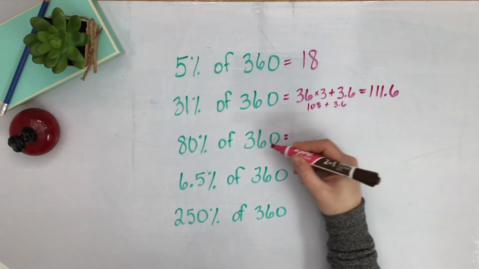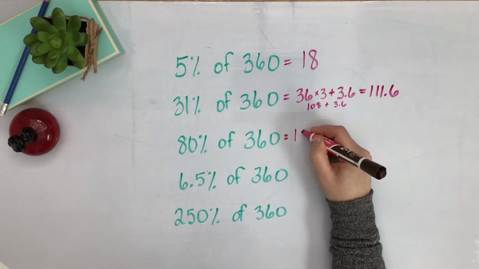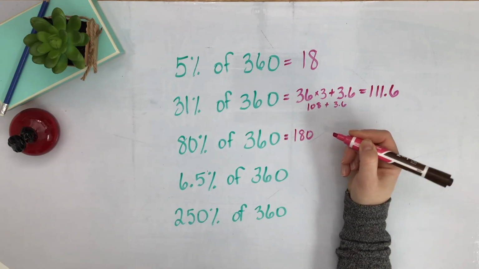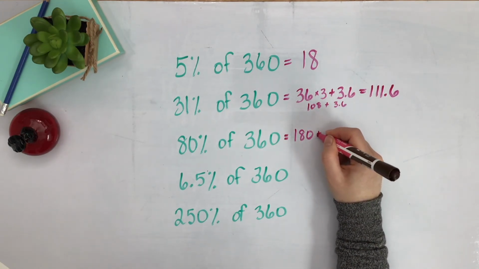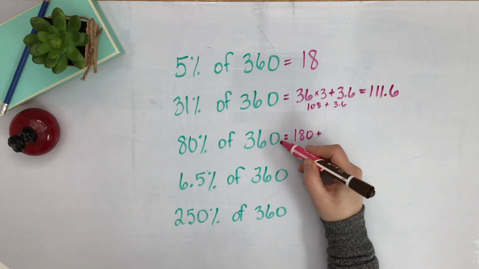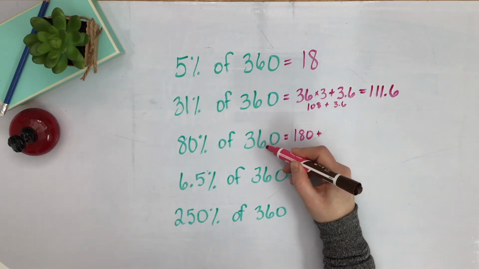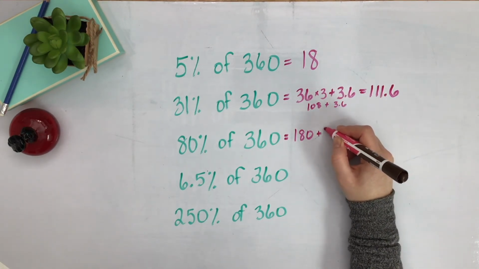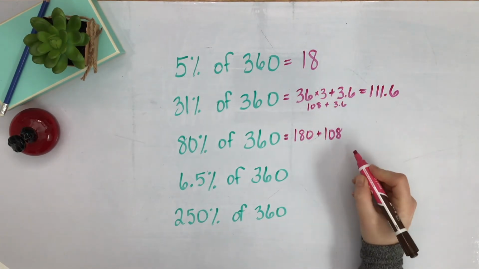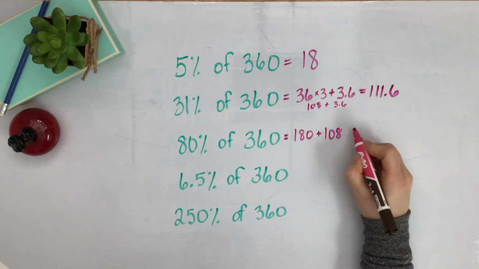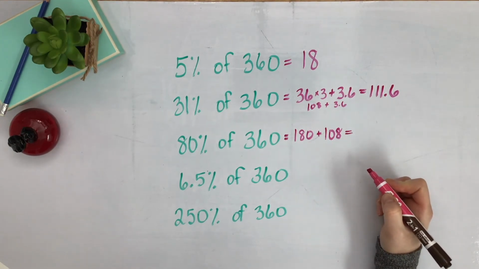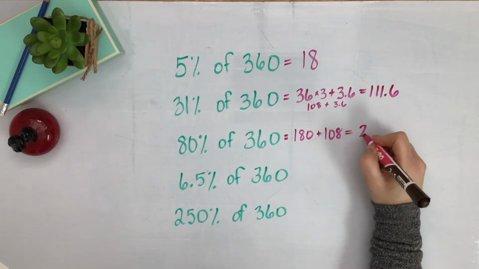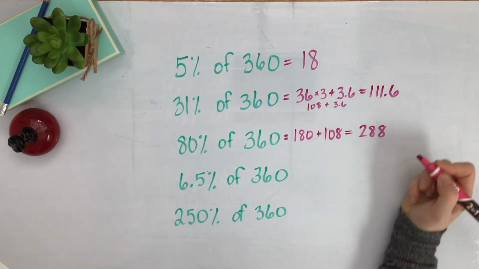So 50% of 360 is going to be 180 because it's just half. And now I'll need 30%. So 10% is 36. So 36 times 3, I just figured above, was 108. So I've got my 50% and my 30%, and altogether they'll work out to 288.